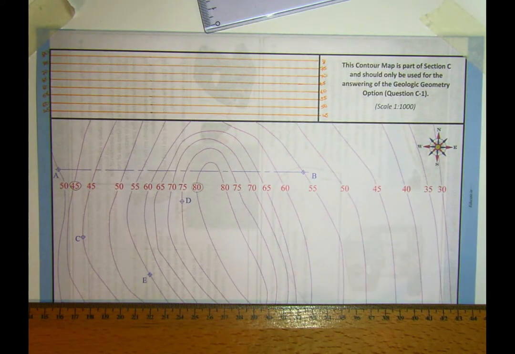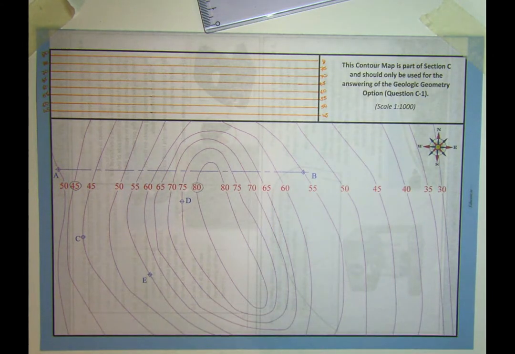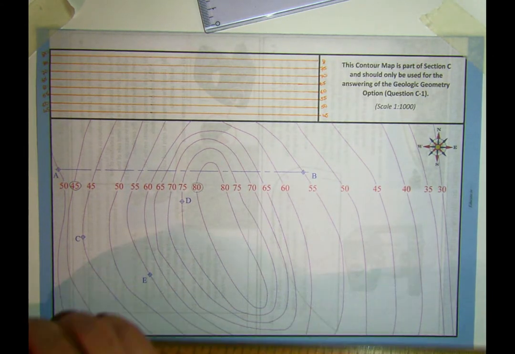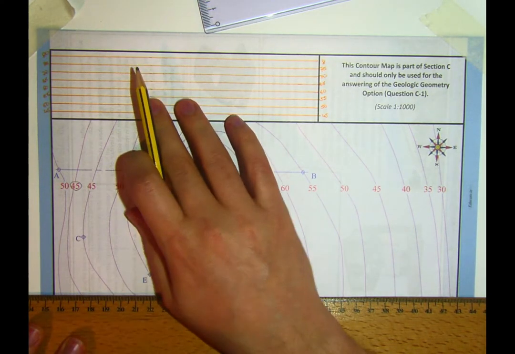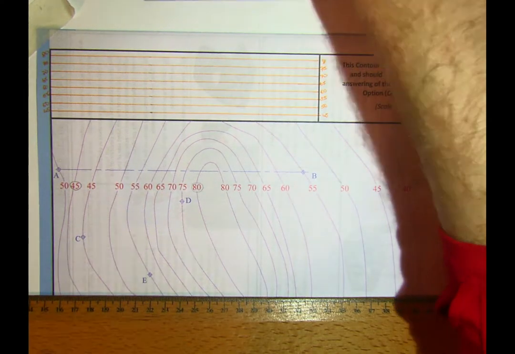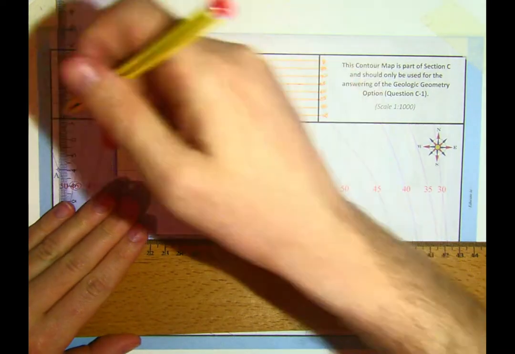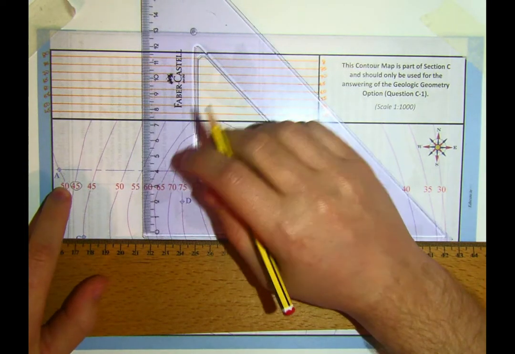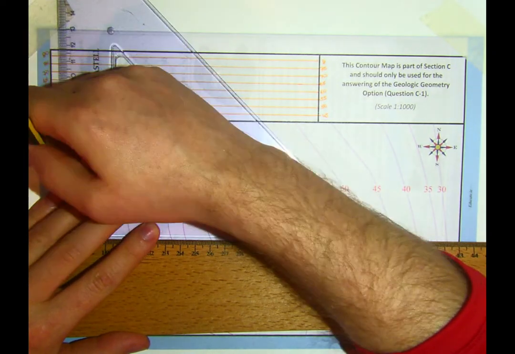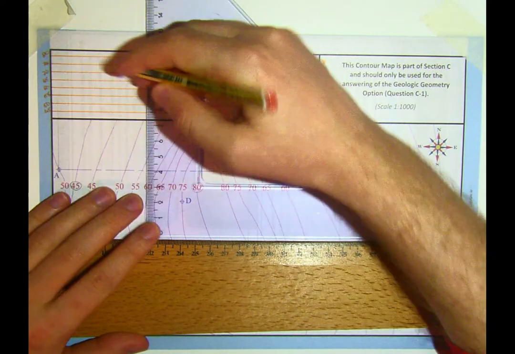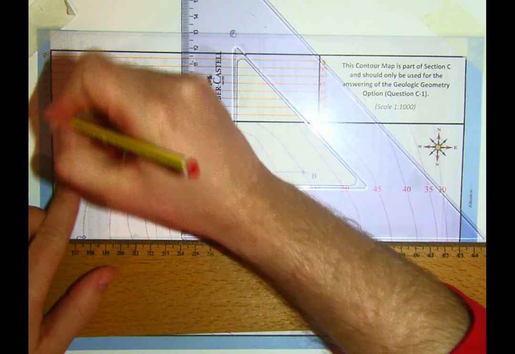Now in each place that the line AB cuts through a contour, we're going to locate that same height up here in the elevation, in our profile view. So taking point A first, that's at an altitude of 50, it's on that 50 contour. Projecting that up into this top view until it hits the 50 height line, that's this point.